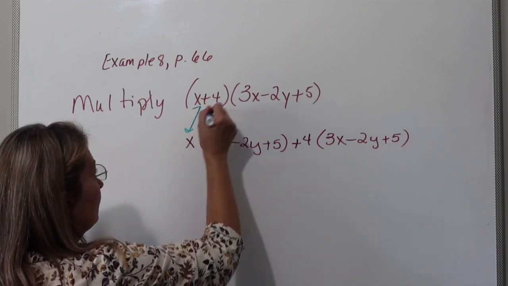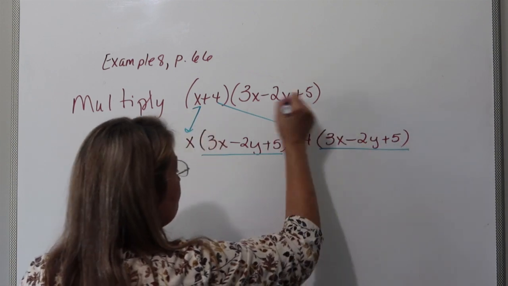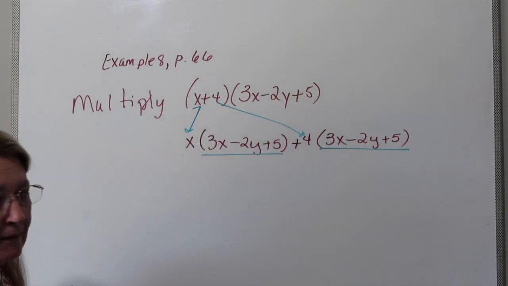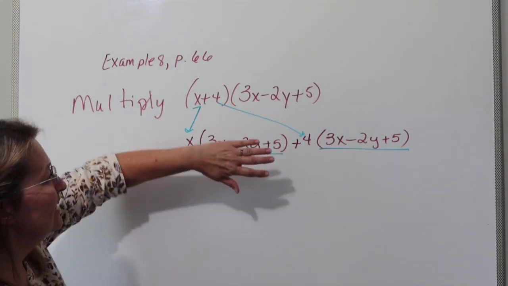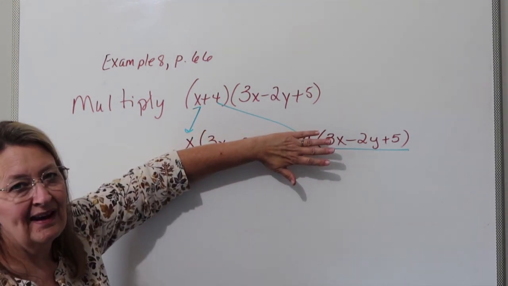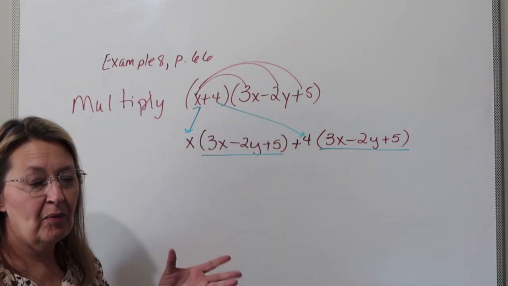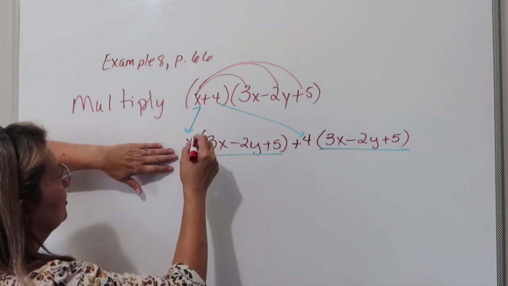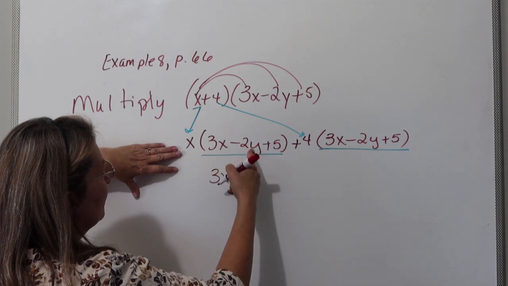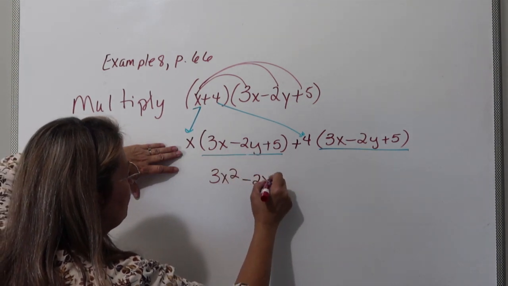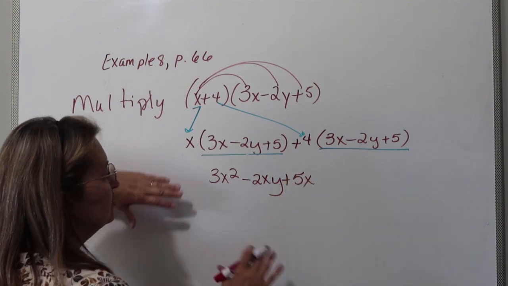Now that you have it broken down, you can just use the distributive property. On this one, I wouldn't have written this down. I would have just done the lines to make sure I multiply everything, but you get the same answer. So x times 3x is 3x squared, and x times a negative 2y is negative 2xy, and x times 5 is 5x, watching your signs.